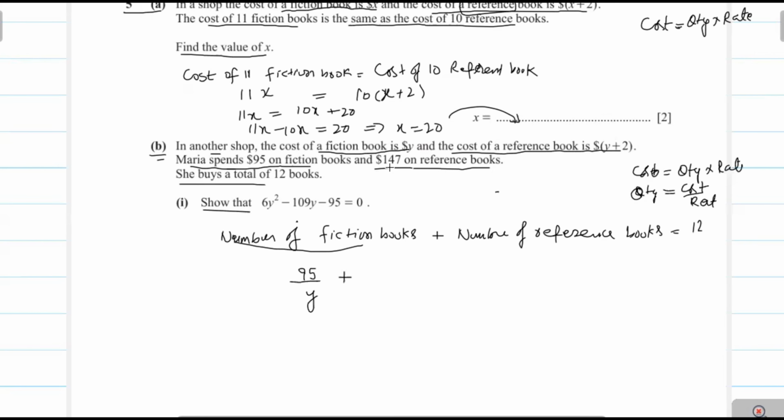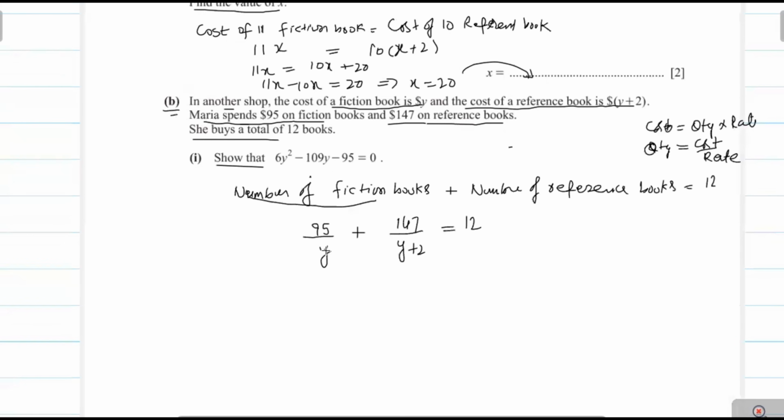Now the total cost on reference books is $147, and the rate of this reference book is Y plus $2. And we use this formula to find the total number of reference books: cost divided by rate. The total equals 12.